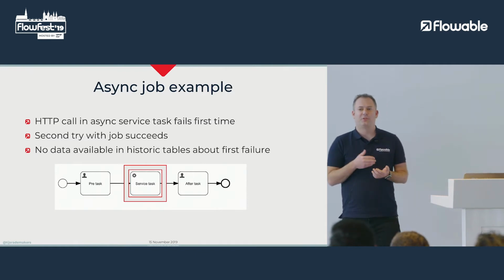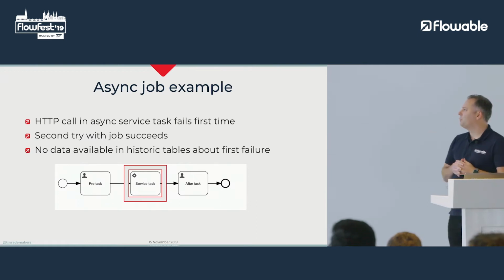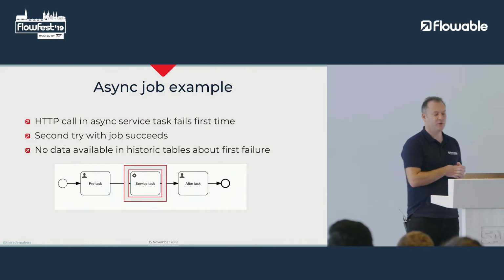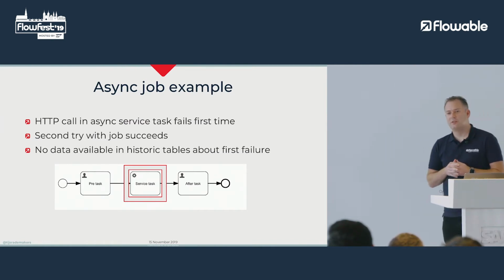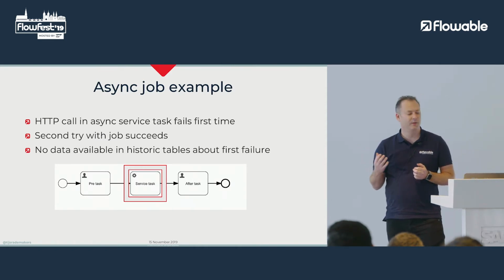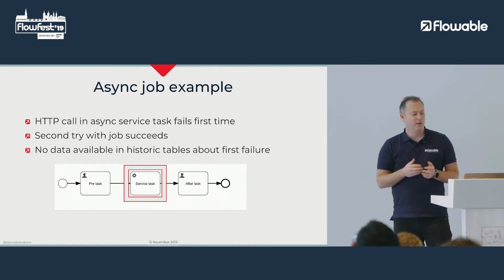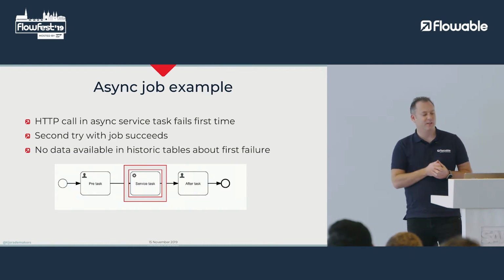Just an example of something that could happen is a very simple process with a user task, HTTP task, and another user task. Let's say that HTTP task is an asynchronous HTTP task, and it has failed the first time. And for some reason, the second try works out. So we end up in the after task, user task as the state.